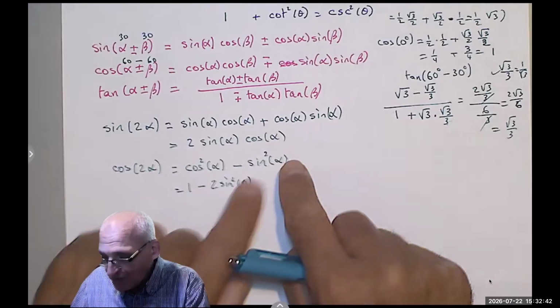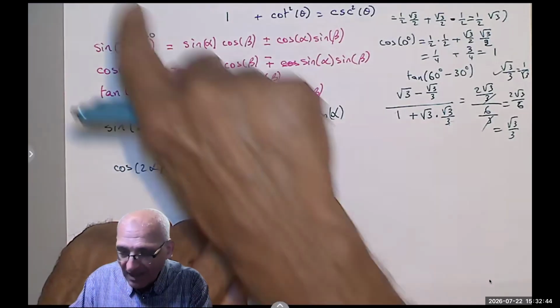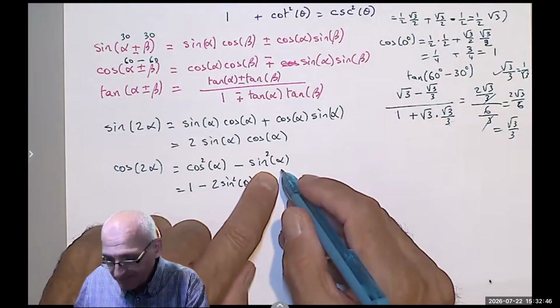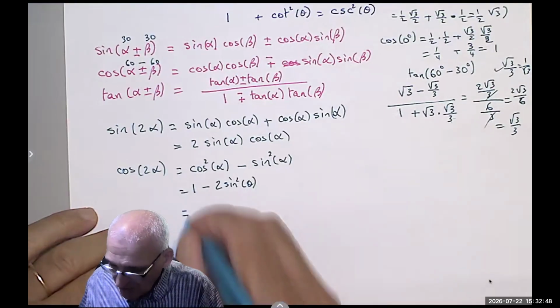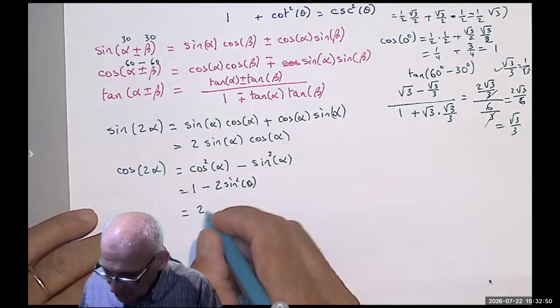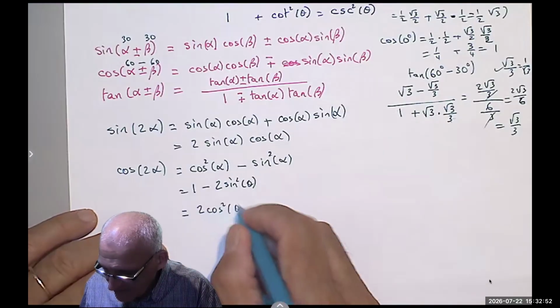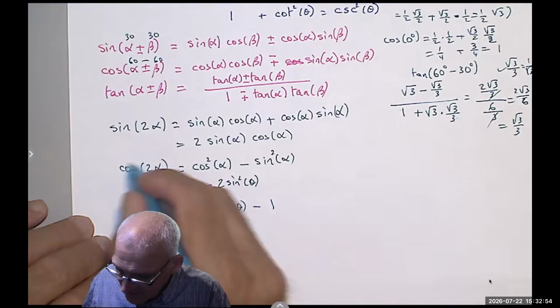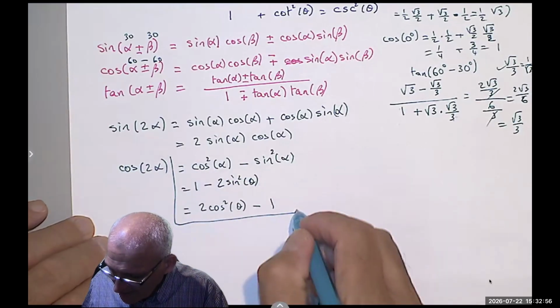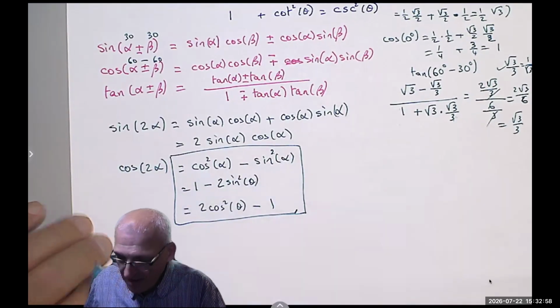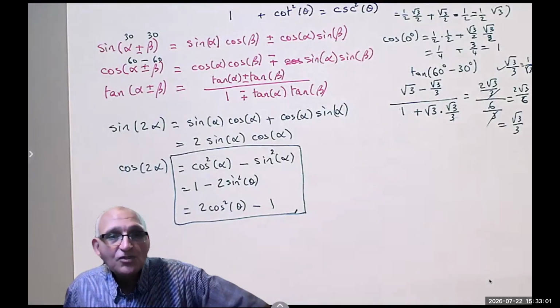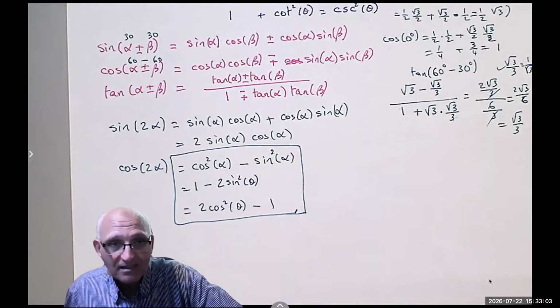Or I can use this as 1 minus cosine square theta, right? So if you do the math, you will get 2 cosine square theta minus 1. These 3 can be used interchangeably when we do the cosine of twice an angle.